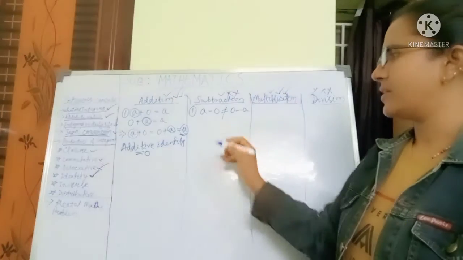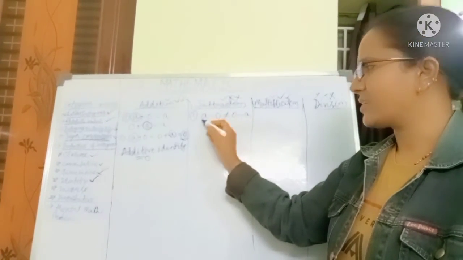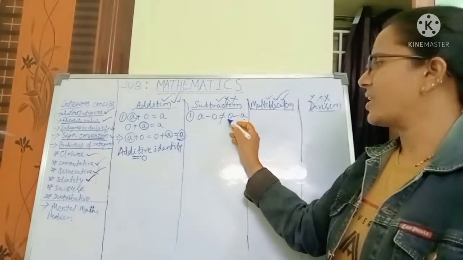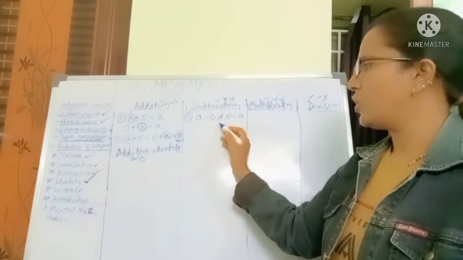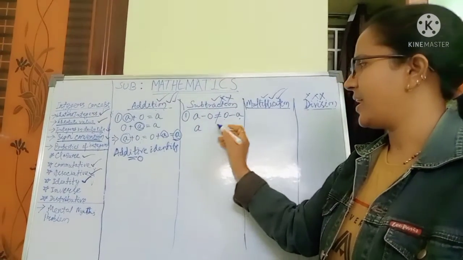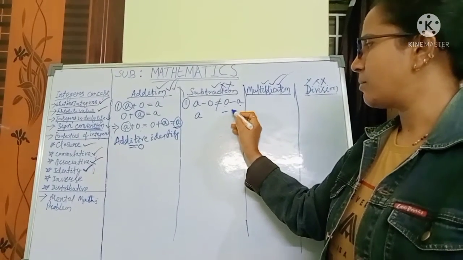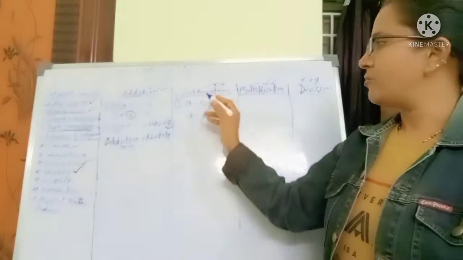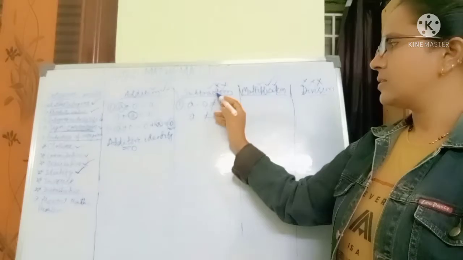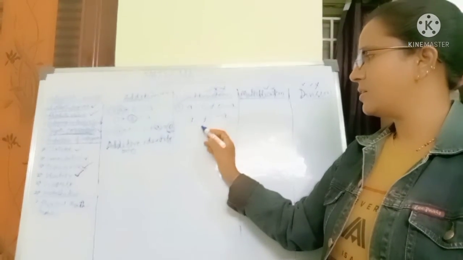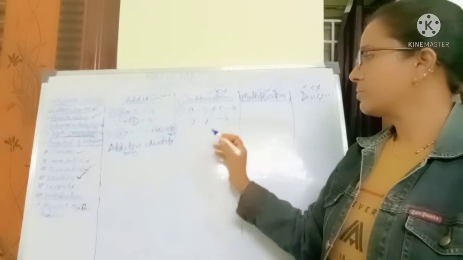If 0 is subtracted from any number, or any number is subtracted from 0, we do not get equal values, because a minus 0 is a, but 0 minus a is minus a. So a is not equal to minus a. For that reason, subtraction does not have any identity.